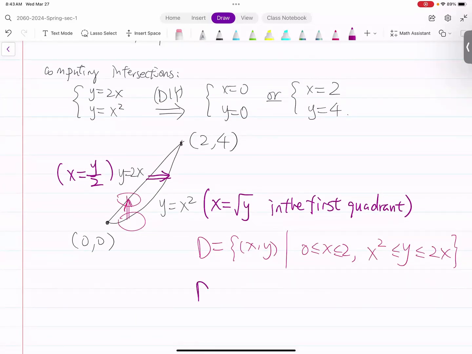And now for type 2, it's the xy pair. Now we decide y first, by looking at the y value, it's starting from 0 to 4.